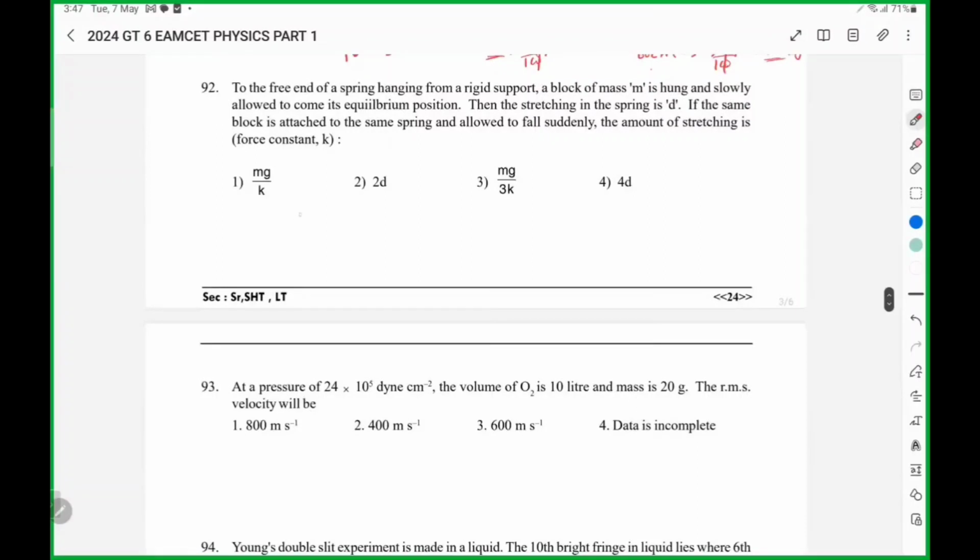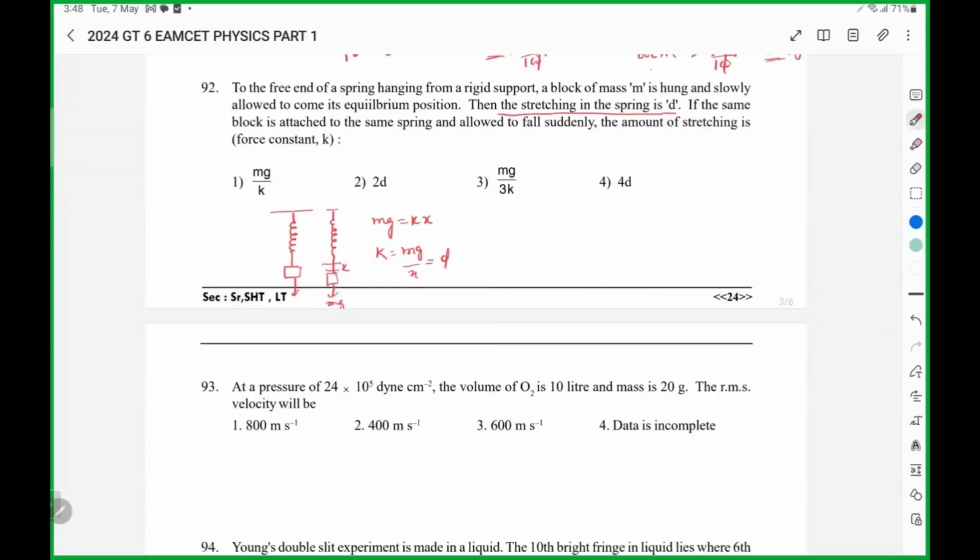Here the free end of the spring is hanging from a rigid support. Because of the weight, it is slowly allowed to come to the equilibrium position by extending x, that is mg is kx, so k here is mg by x.